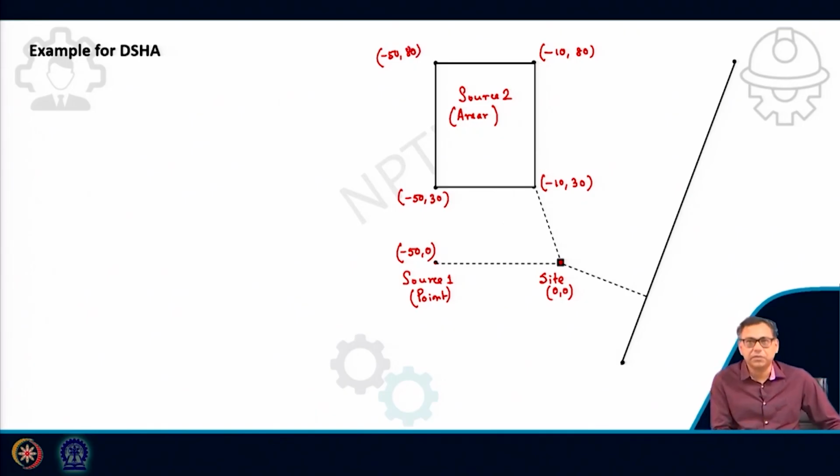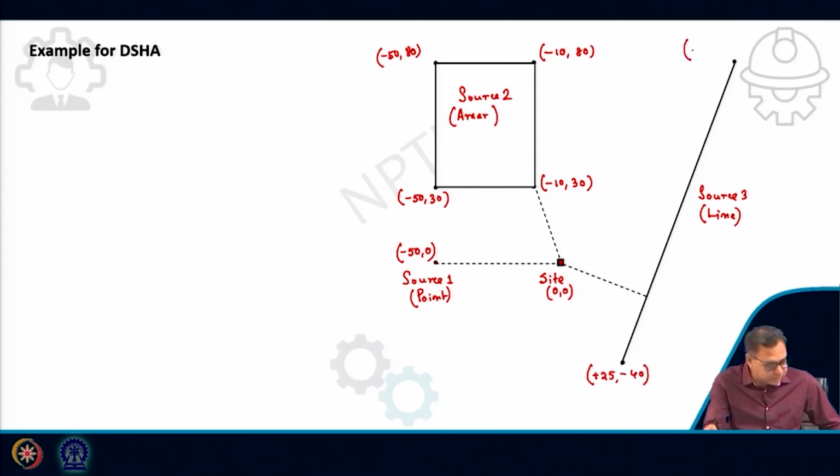These are probable sources. And then the third source, source 3, is a line source, whose coordinates are plus 25 kilometer, minus 40 kilometer, and 70 kilometer, 80 kilometer.